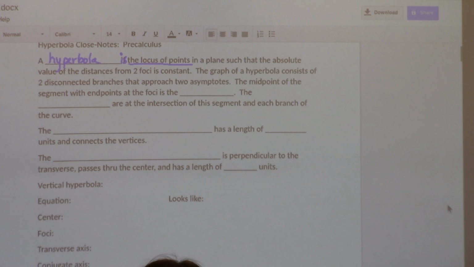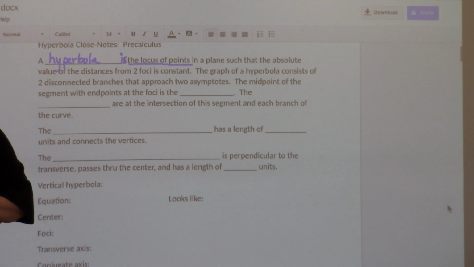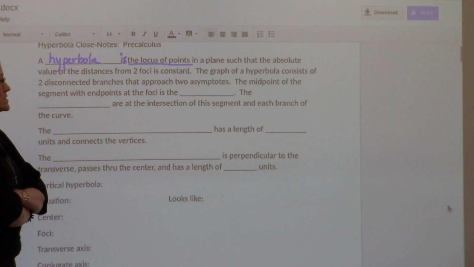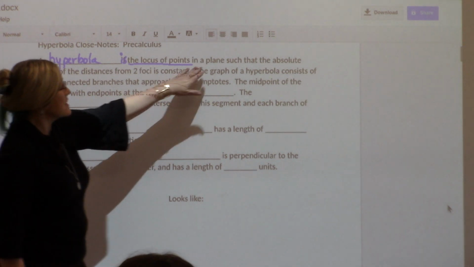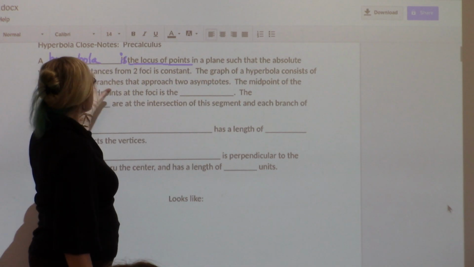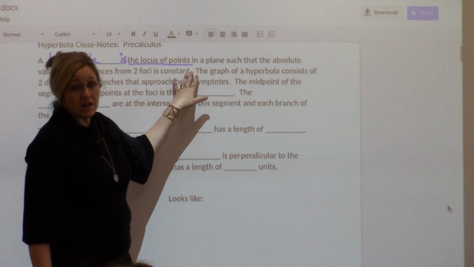A collection of points that all have what? Something in common. They have a common characteristic. Okay? Locus of points is a set of points that have a common characteristic. They all have the same characteristic. In this case, it is such that the absolute value of the distances from the two foci are constant.